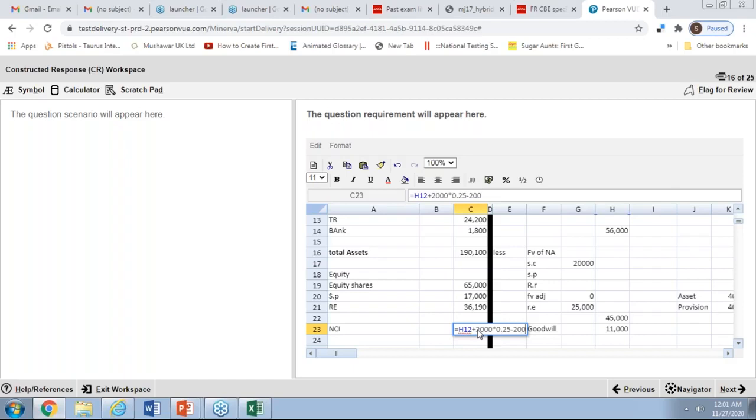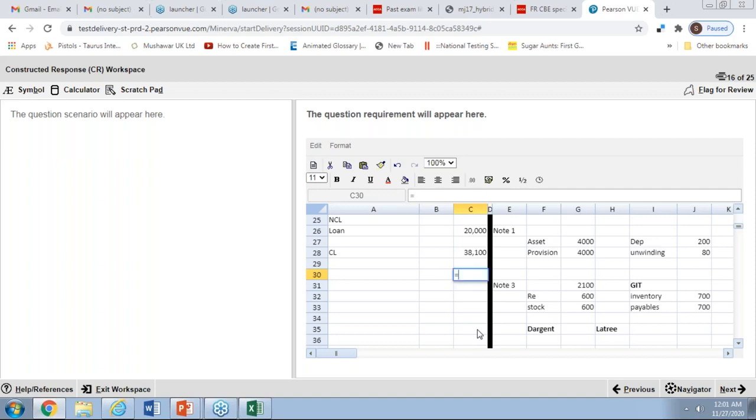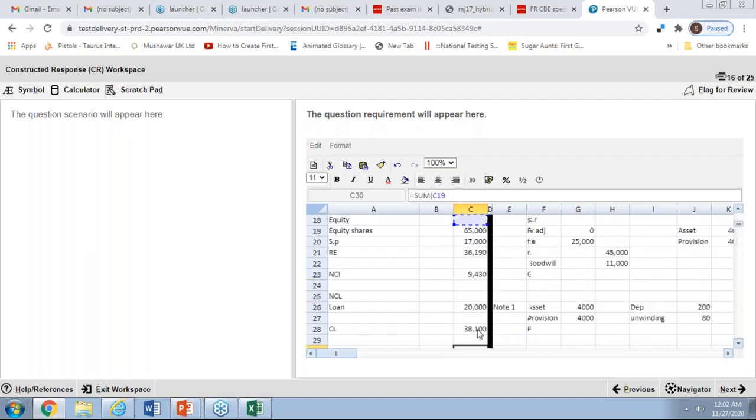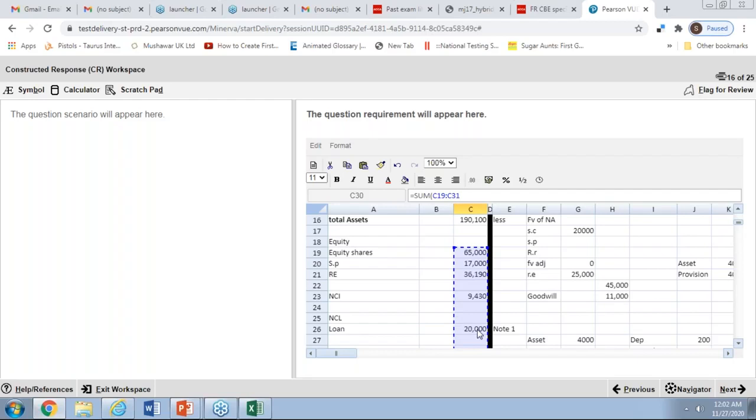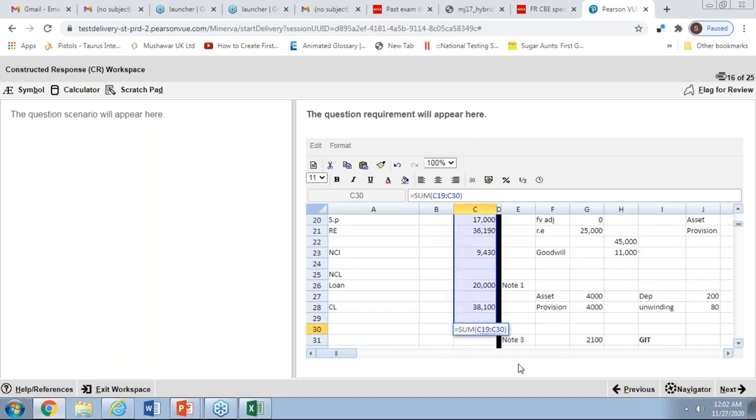For any adjustment that we made with a percentage in the retained earnings, will also be adjusted in the NCI as well. When we add these figures, sum, 28.